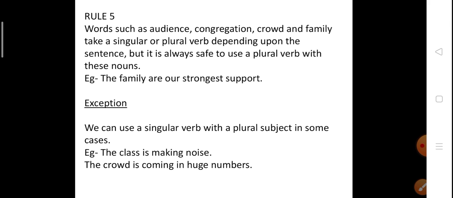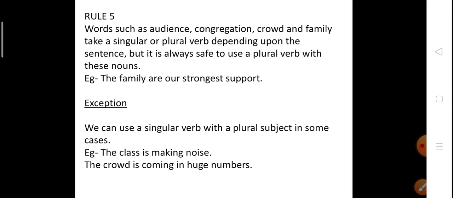But here is one exception. We can use a singular verb with a plural subject in some cases. For example, the class is making noise. The class is a group of students, so it is a plural thing, but still we are using is with that.